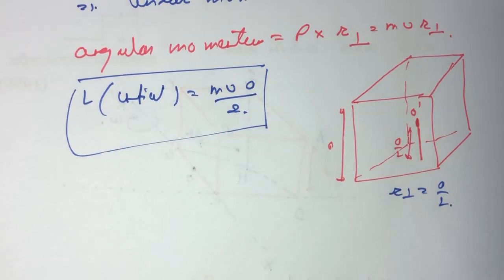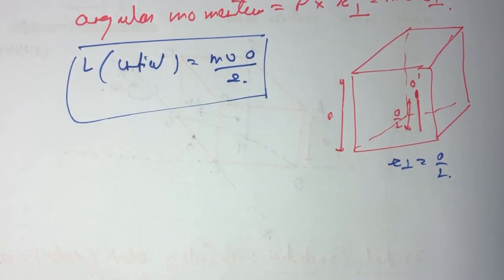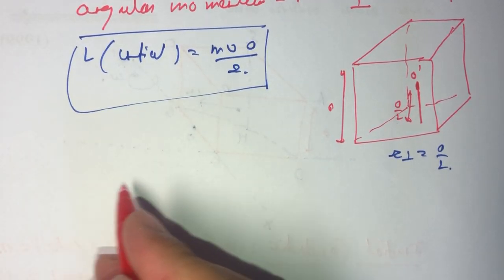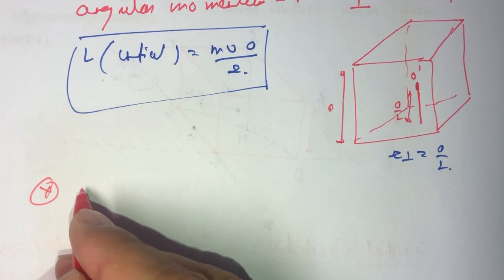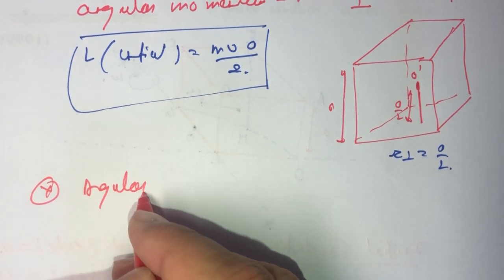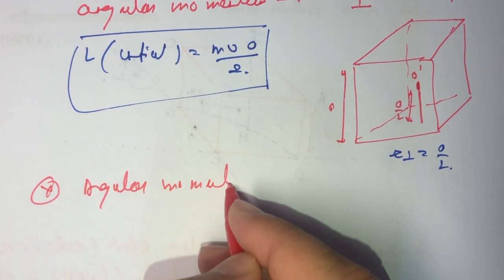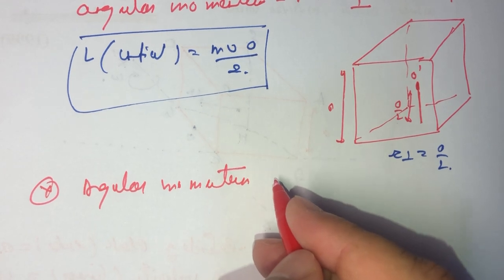So this is our first part. Now we are going to find out the angular momentum after the collision.